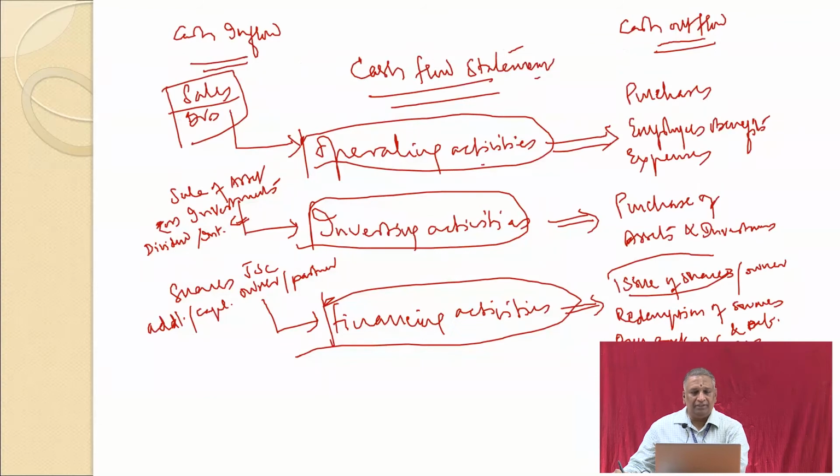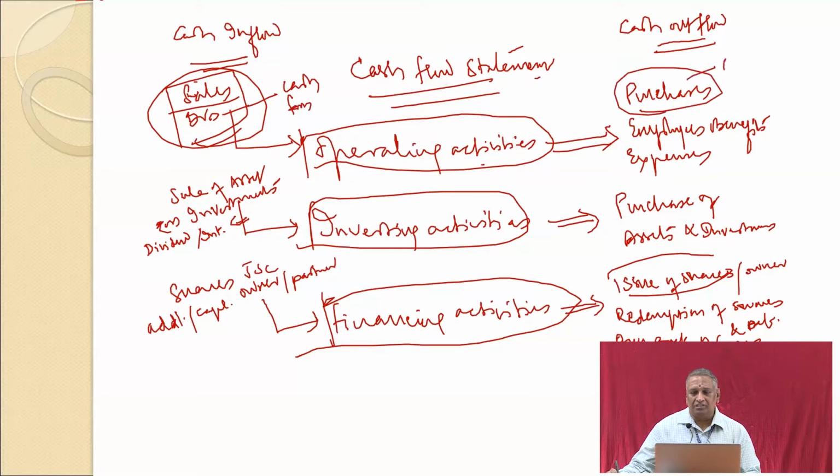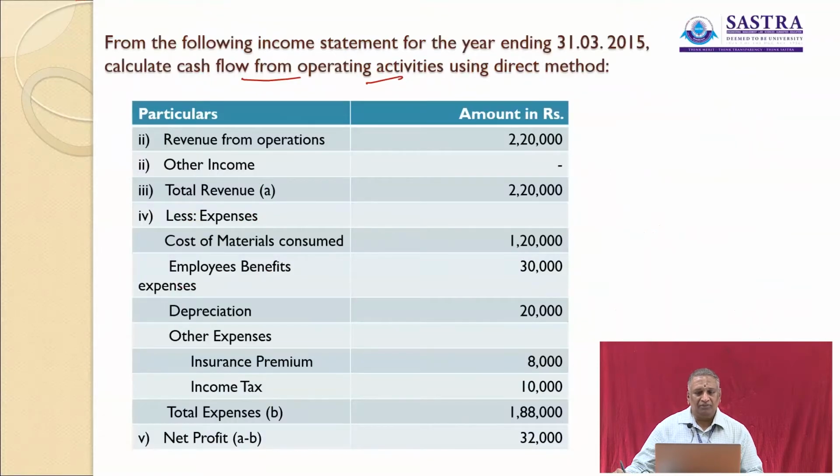So when it is operating activities, cash can flow in because of sales and cash received from debtors, and on account of payment towards creditors. So in a question, you will have information with regard to revenue, nothing but sales from operations.